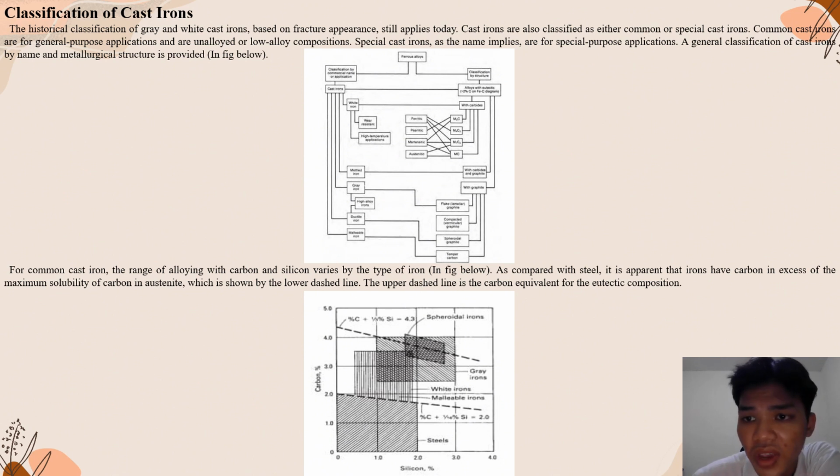In general, classification of cast irons by name and metallurgical structure is presented. For common cast iron, the level of alloying with carbon and silicon varies by the type of iron. As compared with steel, it is apparent that the irons have carbon in excess of the maximum solubility of carbon in austenite, which is shown by the lower dashed line. The upper dashed line is the carbon equivalent for the eutectic composition.